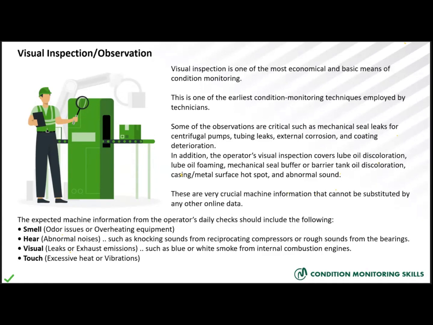Visual sense, like leaks or any exhaust emissions and so on. He may use his hands to touch if he feels that there is an excessive heat or vibration and so on. So this is a very basic type of condition monitoring.